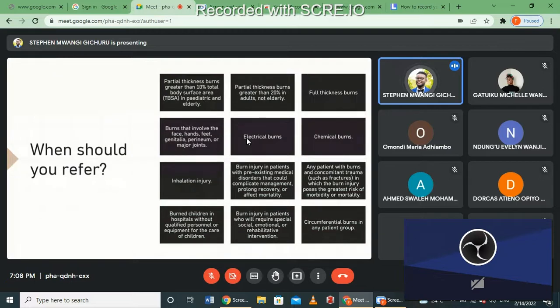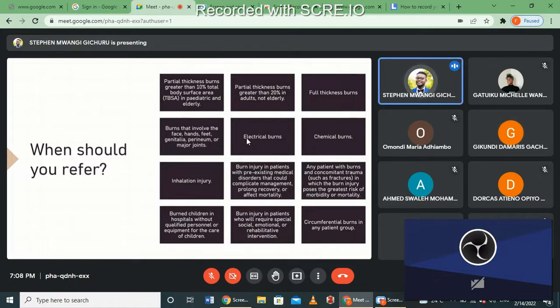Damaris Gasheri, why is it that we have to refer circumferential burns? There's a risk of getting compartment syndrome. Okay, what's compartment syndrome? That's the reason.